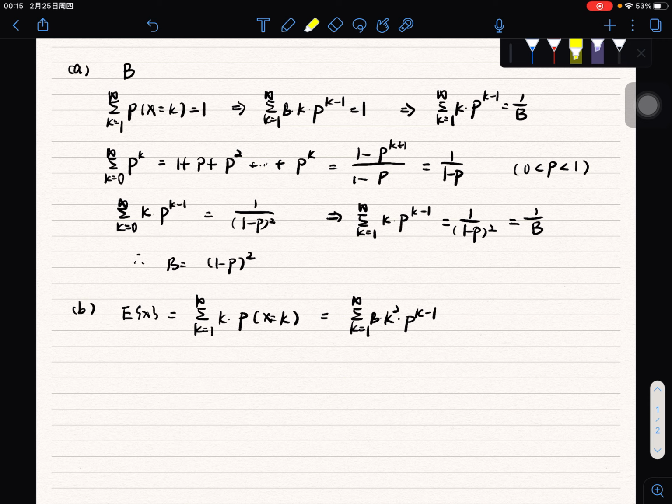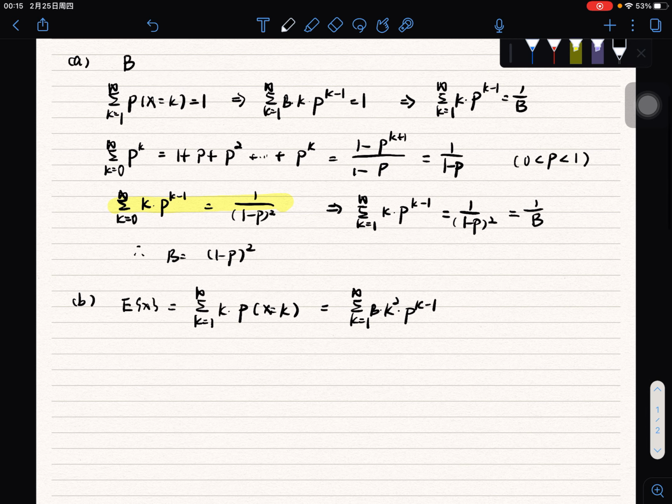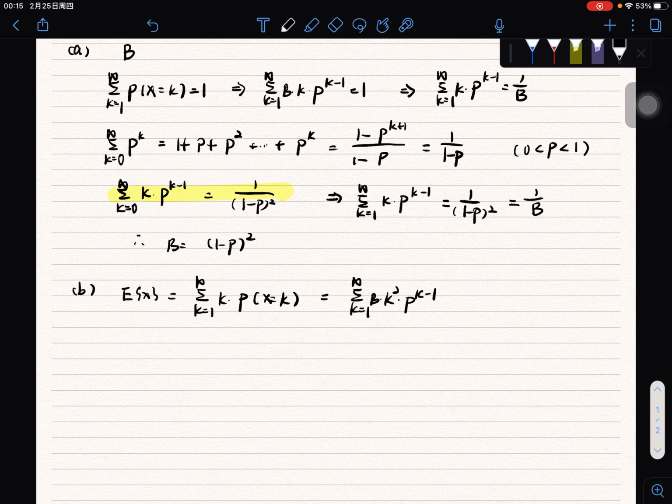From problem A, we know that the summation from k equals 0 to infinity of k multiply p to the k minus 1 equals 1 divided by (1 minus p) squared, and we take differentiation with respect to p. First, we will multiply p to each side.